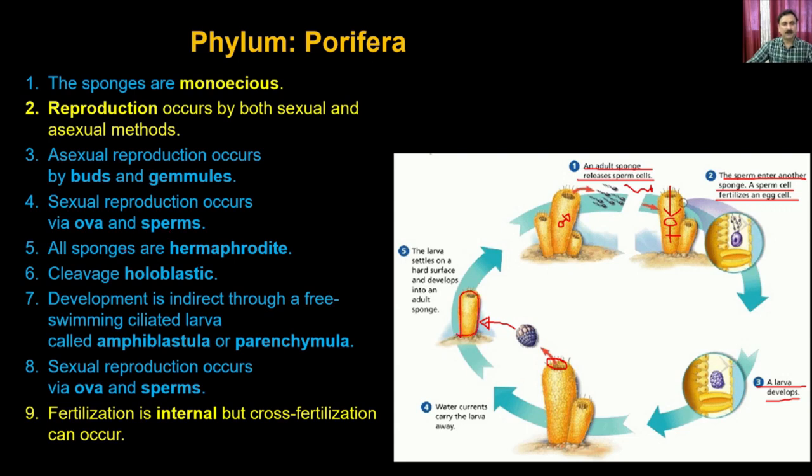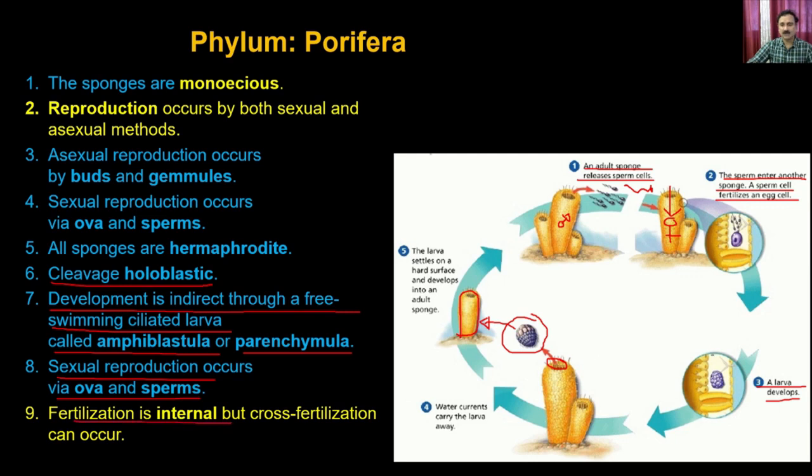The cleavage is holoblastic, which means every time it is going to have a clear cleavage. Development is direct through a free swimming ciliated larva, called the amphiblastula or parenchymula. Sexual reproduction occurs by the ova and sperms.